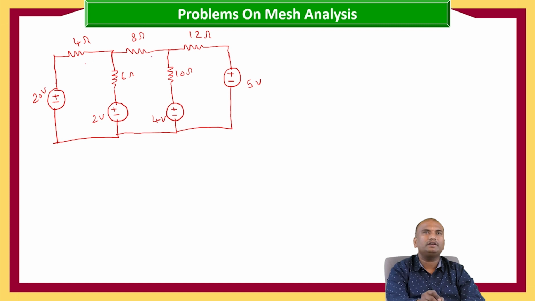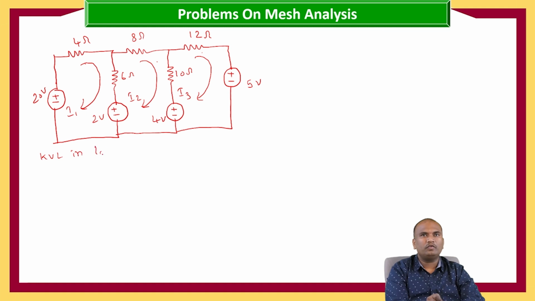This is mesh 1, mesh 2 and mesh 3. So for each mesh, let us give the current directions, that is I1, I2, I3. If we apply KVL in loop 1, current is entering the negative terminal.